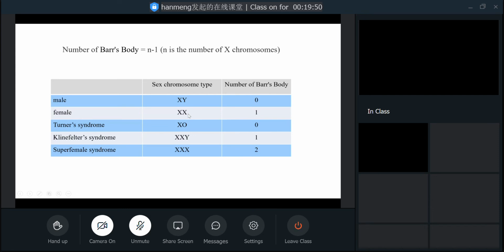If we have the cell specimen on a slide, we will observe it under a microscope. But how can we know which is the Barr body? So the Barr body must have some characteristics.